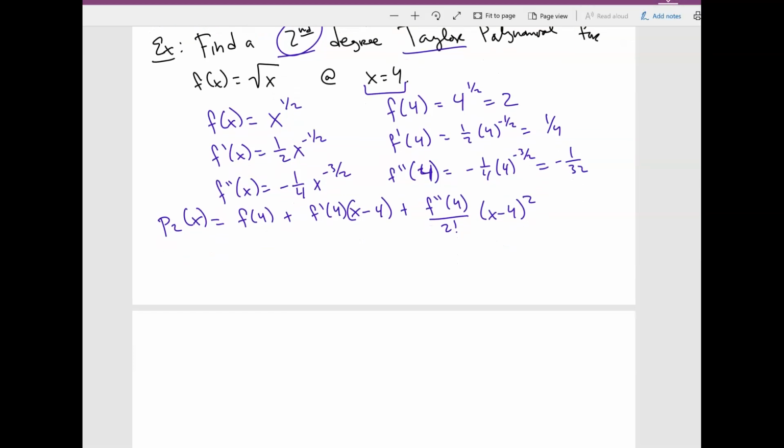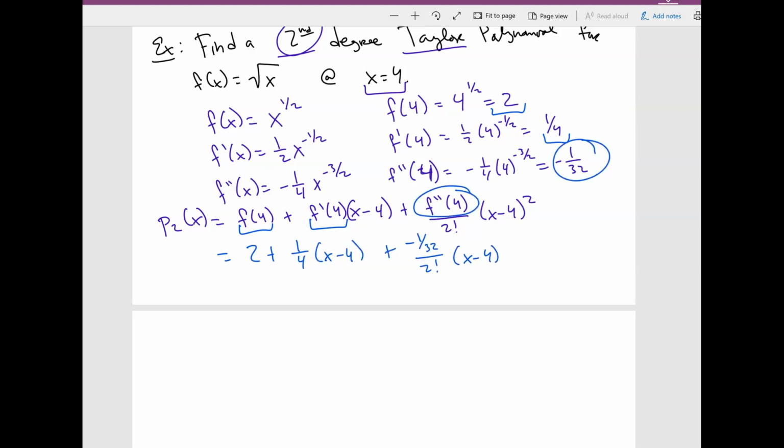So all we have to do is plug everything in. This is just 2. This is just 1/4 times x minus 4. And this is negative 1/32 over 2 factorial times x minus 4 squared. You can leave it like this if you want to.